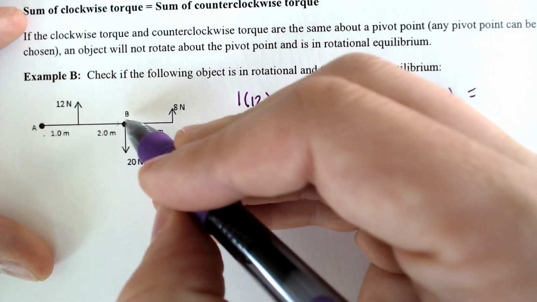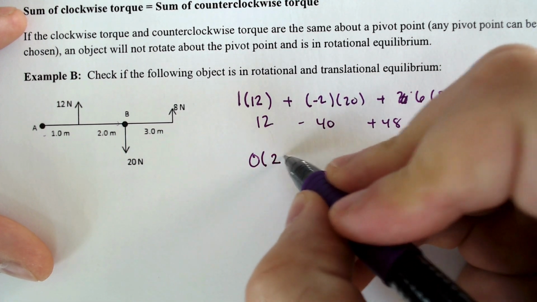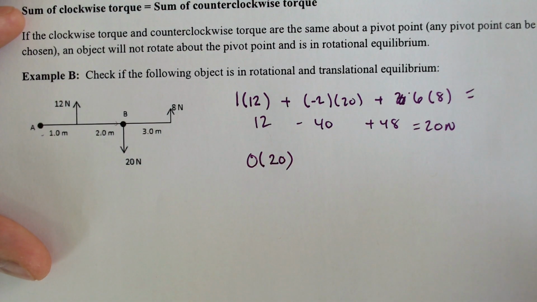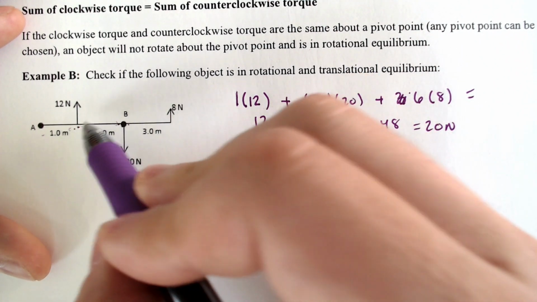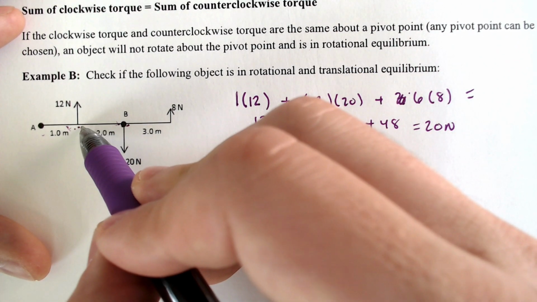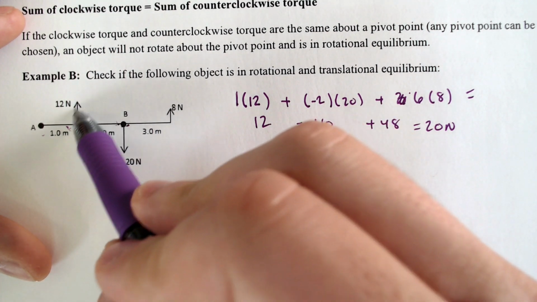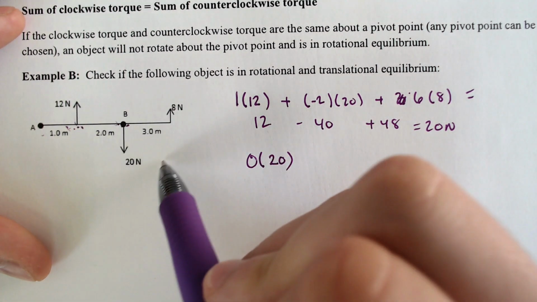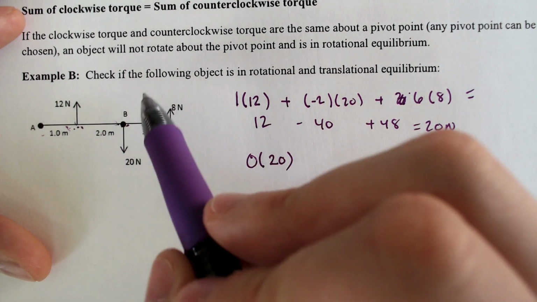Well, at pivot point B, you would have 0 meters away for that 20 newton force, so that doesn't matter. But we'd be to the left of the pivot point by 2 meters, and because we're going to the left, that would actually make this 12 newton force go clockwise, and if it's moving clockwise by essentially pushing it up, then it would be negative.